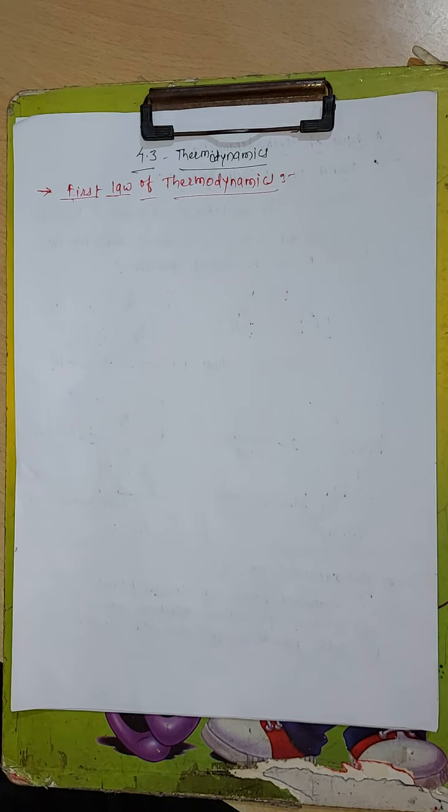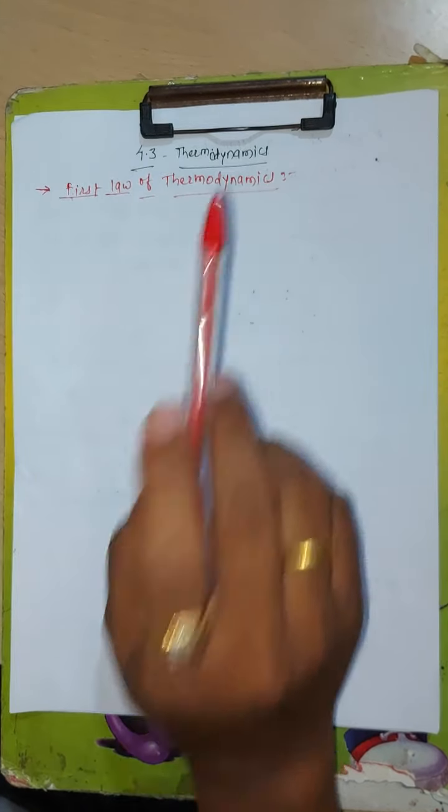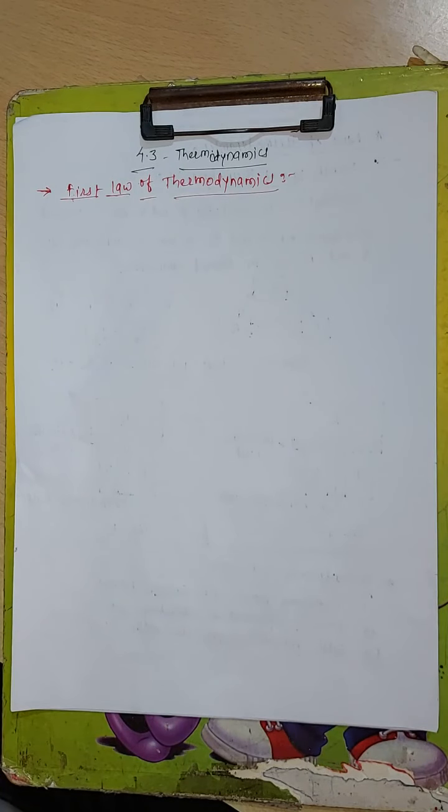Now in this lecture we move further to the next law of thermodynamics, that is the first law of thermodynamics, and we will see some explanation of the terms which we use in the first law of thermodynamics. The first law of thermodynamics is basically a statement of conservation of energy. In the 11th standard, we studied conservation of energy.